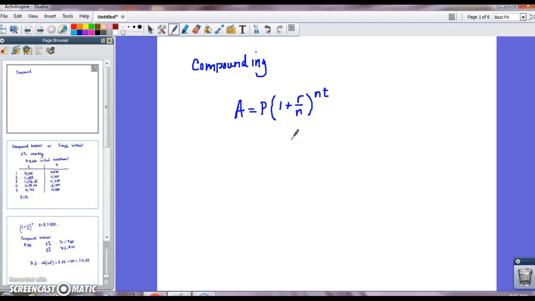That means continuously. As soon as you compound it again, and then you compound it again, and then you compound it again. Literally, we're talking down to like a millisecond, a trillionth of a second, whatever time denomination you want to use, that's compounding continuously.